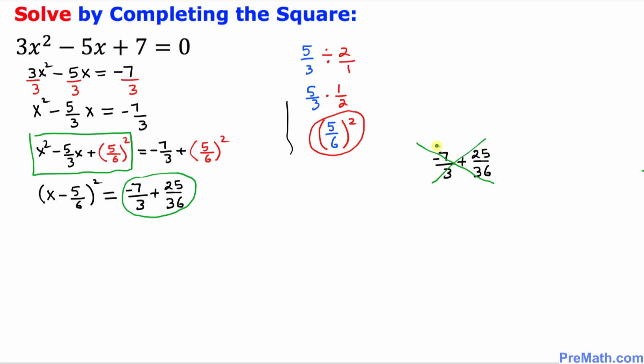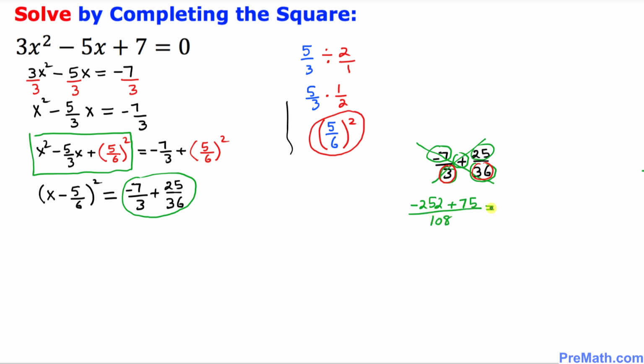Negative 7 times 36 is going to give us negative 252, and then whatever this sign plus, just write it down, and let's multiply. 25 times 3 is going to give us 75, divided by, let's multiply the denominators, 3 times 36, which is going to give us 108. So far so good.